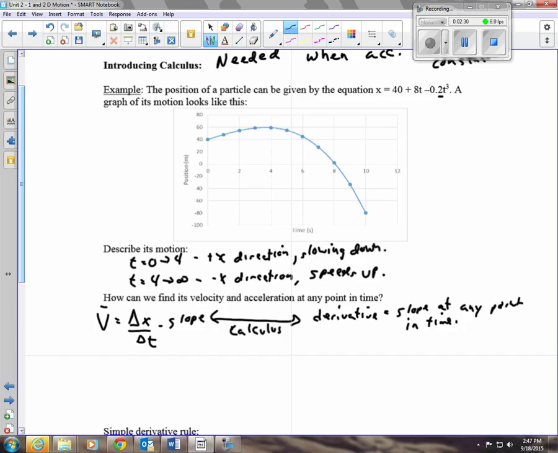So the velocity is going to be the derivative. We'll write derivative as dx by dt. Okay, and that's going to be the velocity at that particular point in time.